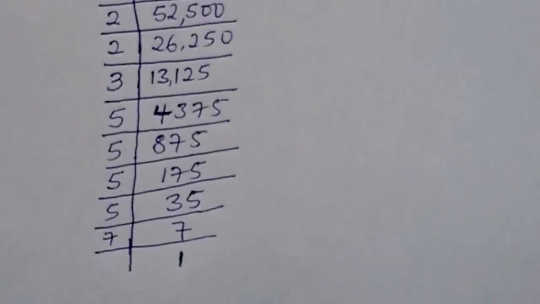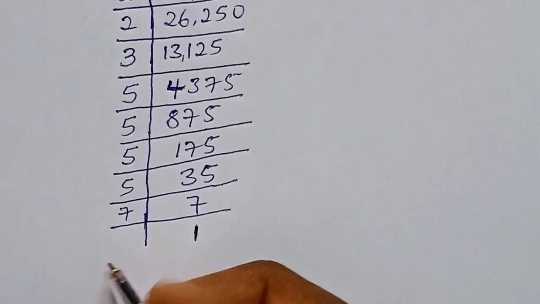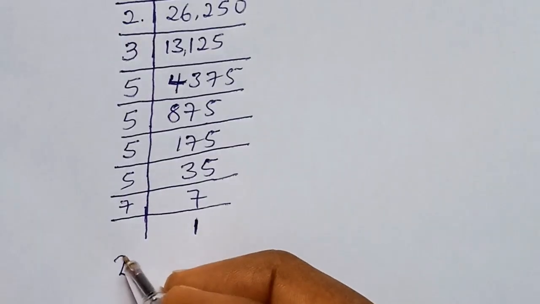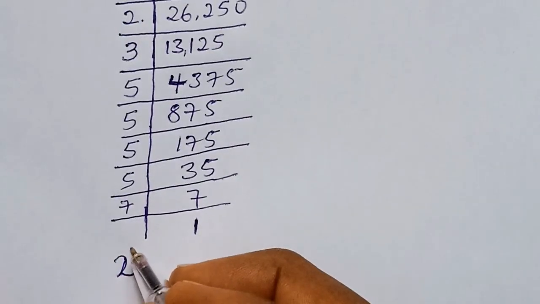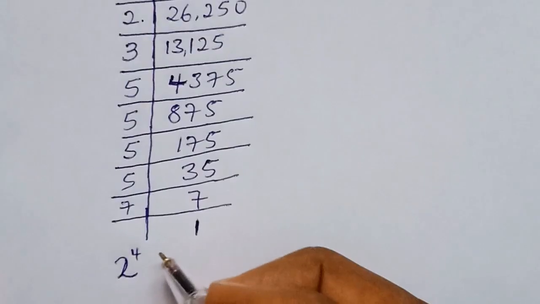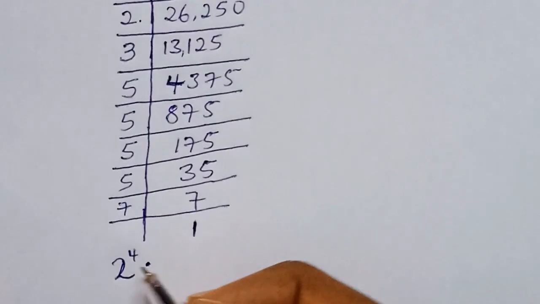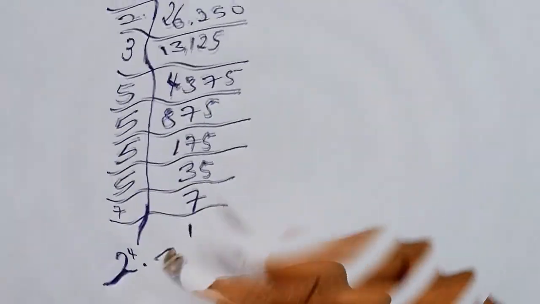And now write it as: 2 appears 1, 2, 3, 4 times. And that will be 2 power 4. Multiply by 3.